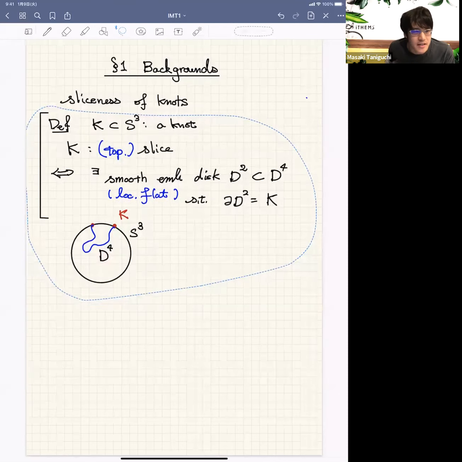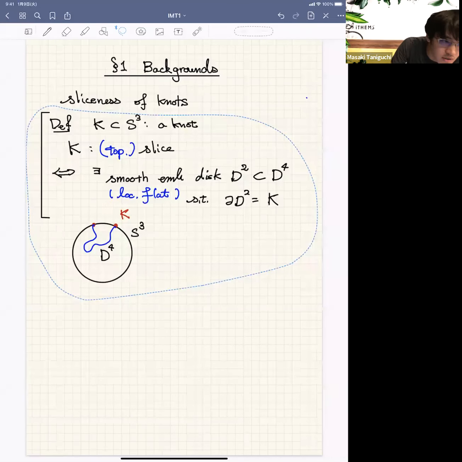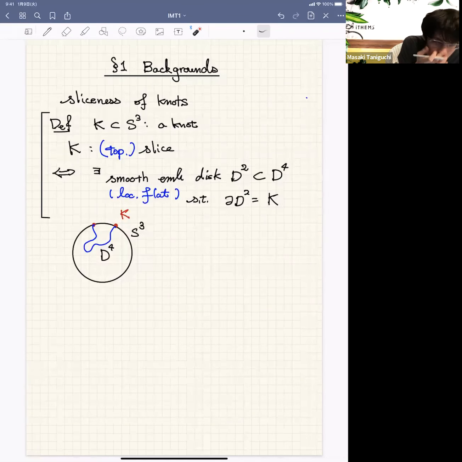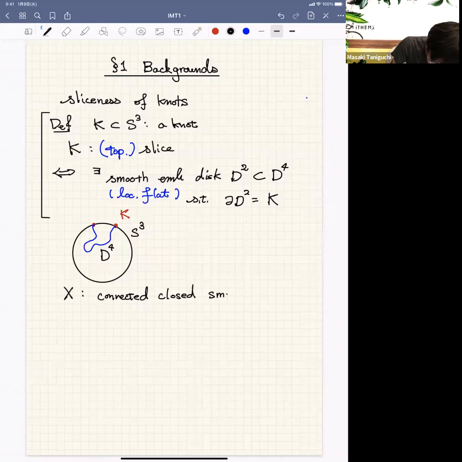There are many studies of sliceness of knots, but today we focus on sliceness in a general four-manifold instead of D4. Let X be a connected and closed smooth four-manifold. Again, we consider a knot in S3.